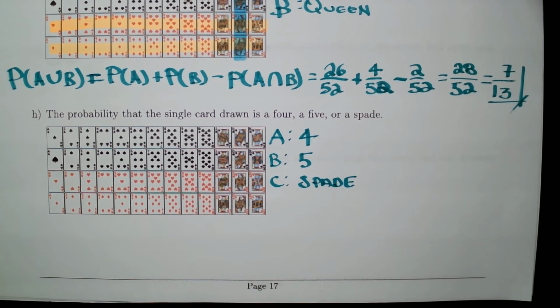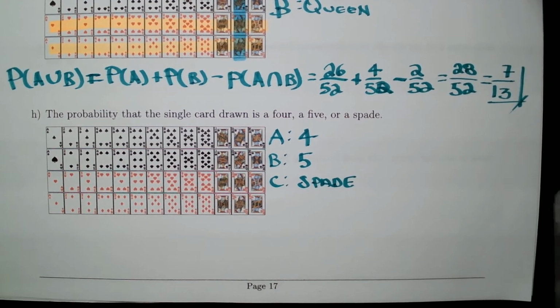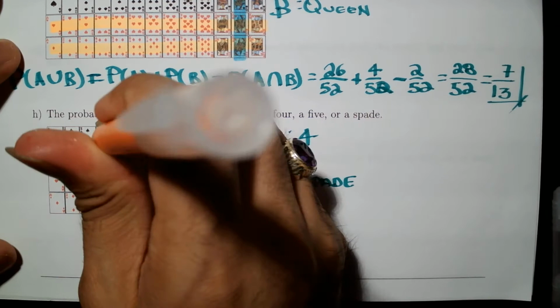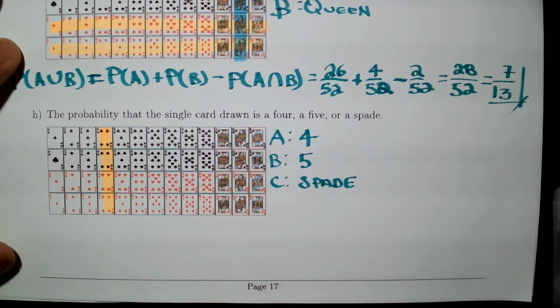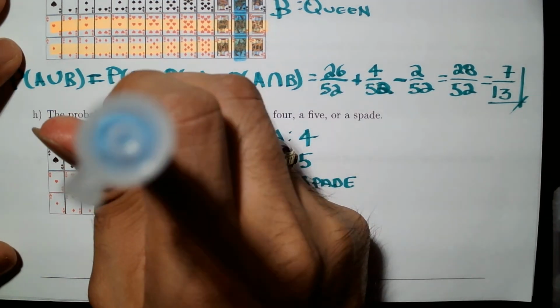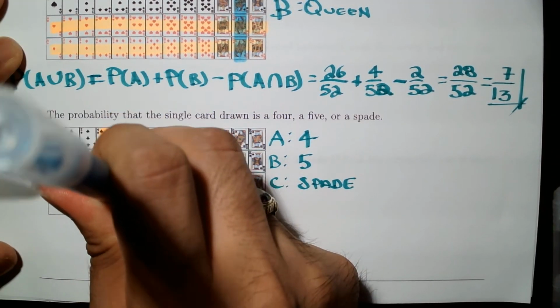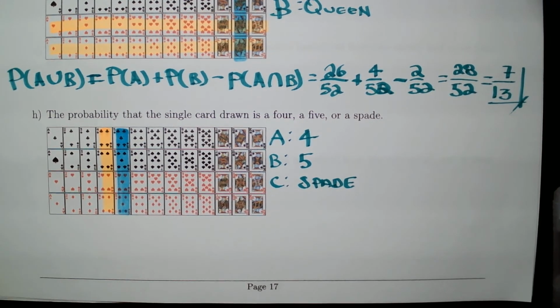Alright, so let's highlight this. Okay, so let's highlight all the 4s. Let's highlight all the 5s. And let's highlight all the spades.